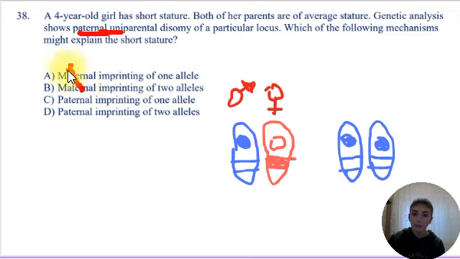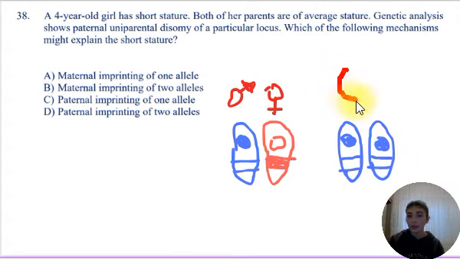So maternal, we exclude immediately. Then we look at answer choices C and D. It says paternal imprinting of one allele or paternal imprinting of two alleles. As mentioned in the stem here, we receive two of our chromosomes from our fathers, right?